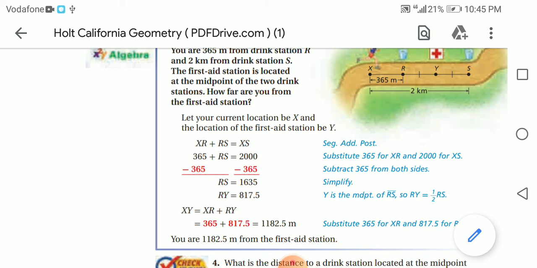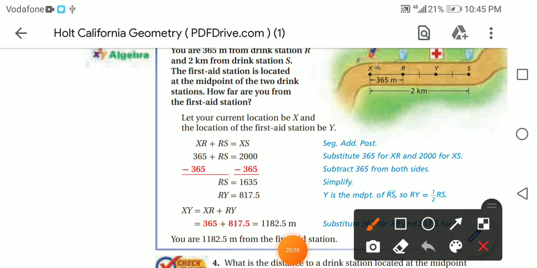I want to show you again to make sure that you understand everything. This is the distance, 365 plus RY. I calculated RY here.